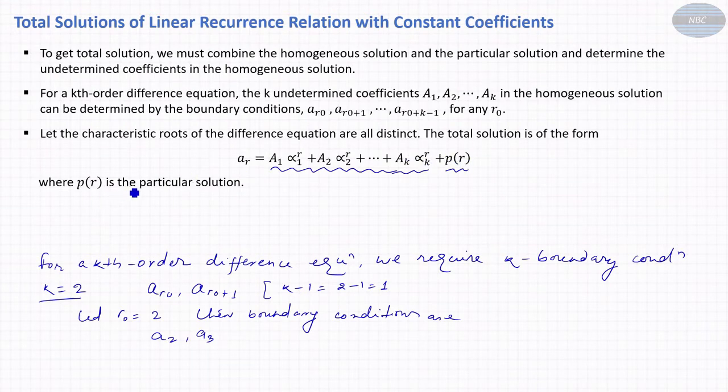So in general, the total solution is equal to the homogeneous solution plus the particular solution.